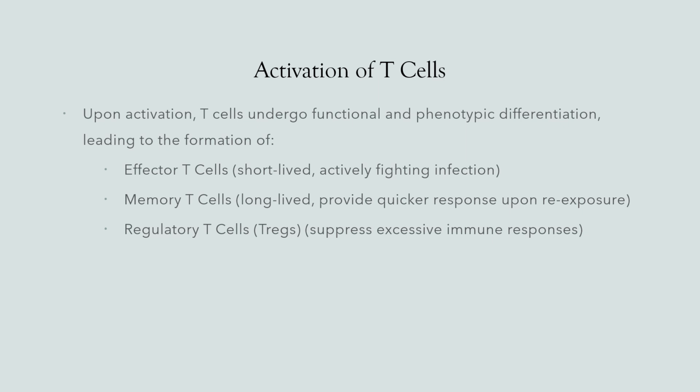The effector T cells that are formed are short-lived, but they actively fight infection or cancer. Then they produce memory cells, which are longer-lived, and are there to produce a quicker response upon re-exposure. And then they have regulatory T cells that suppress excessive immune responses.